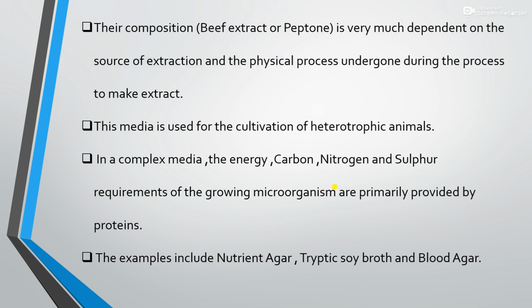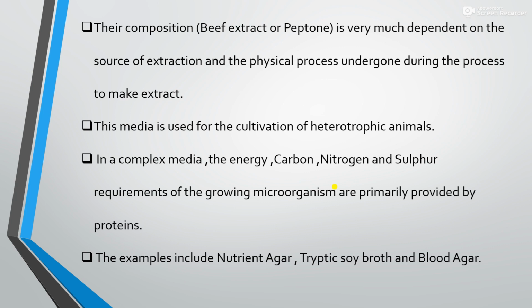The composition of the unknown material is dependent on two factors, mainly the source of extraction. For example, peptones derived from cow or goat have different chemical compositions, and the physical process undergone to make the extract matters too.